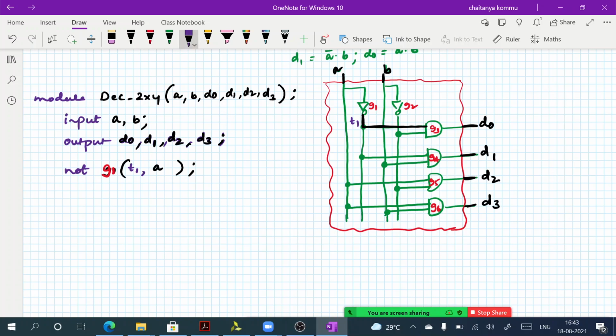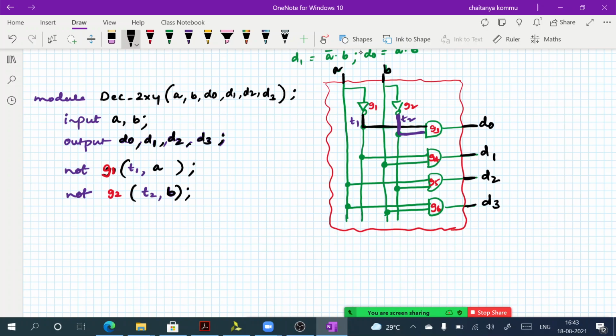Fine. Now we write another gate, not G2. Similarly, for G2 the output we did not mention, so we call it T2, for example. Any name we can write, it doesn't matter. And B is the input. Clear?